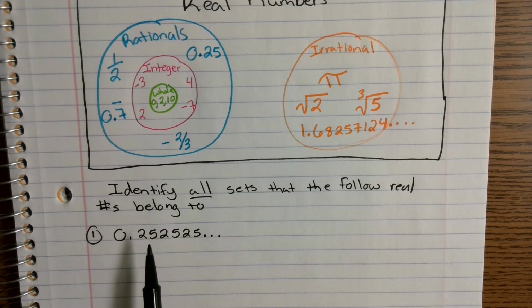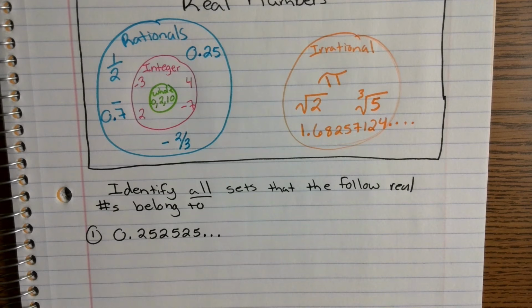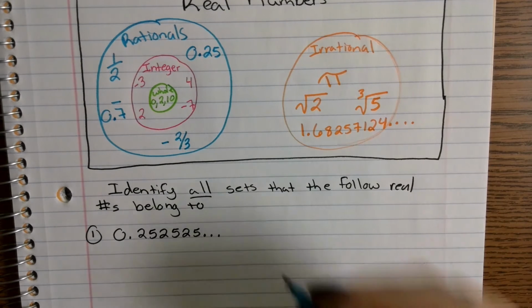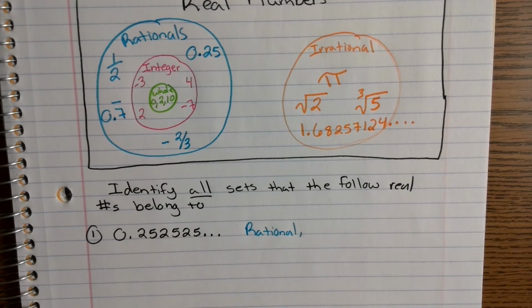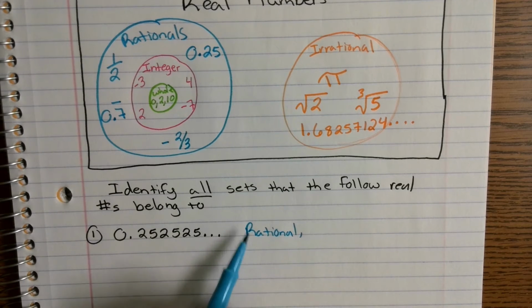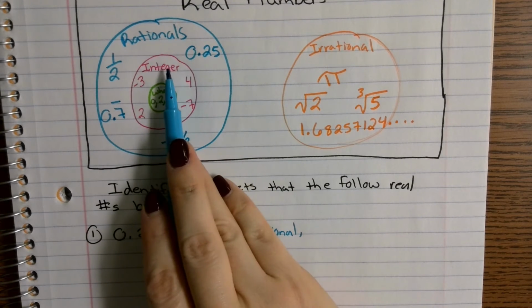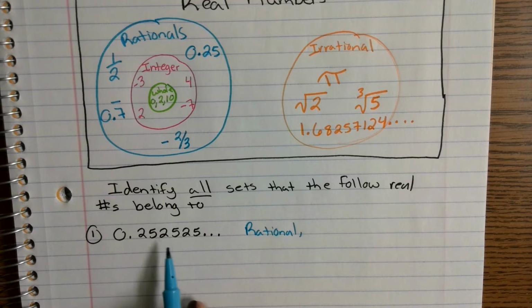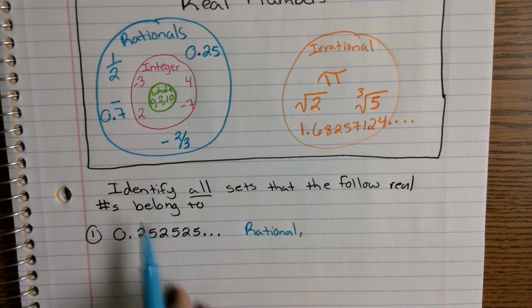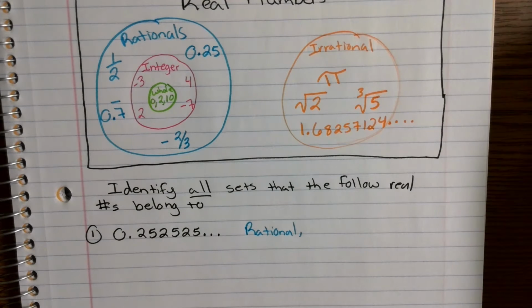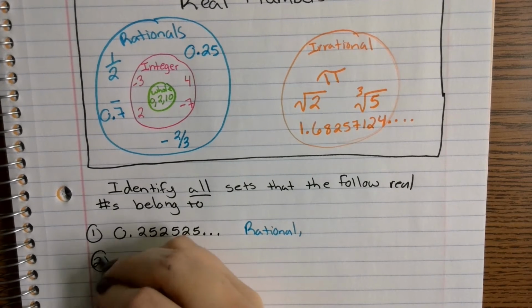But the first thing you want to identify is, is it rational or irrational? Rational. So we know that it's a rational number. So because of the fact that it is a rational number, we now need to look at the rest of the set. Is it also an integer? No. It's not an integer because it's not a whole number value. So rational number is the only thing that you're going to be able to identify it as. Rational number.